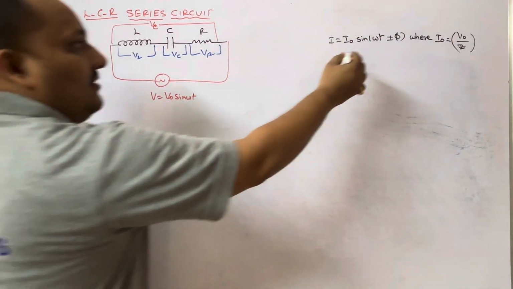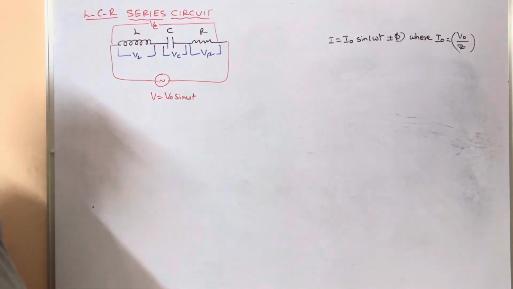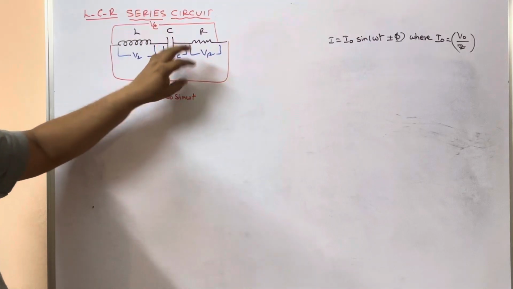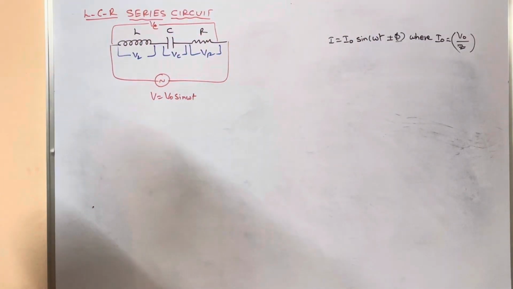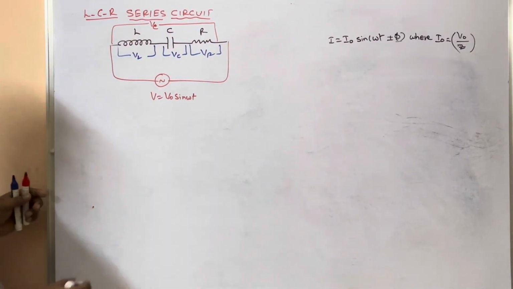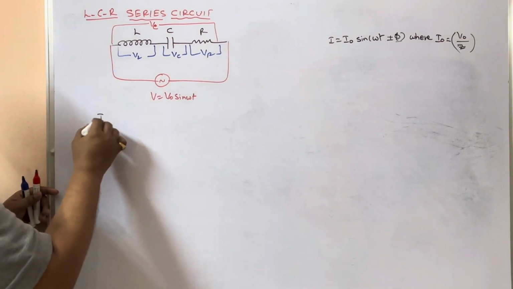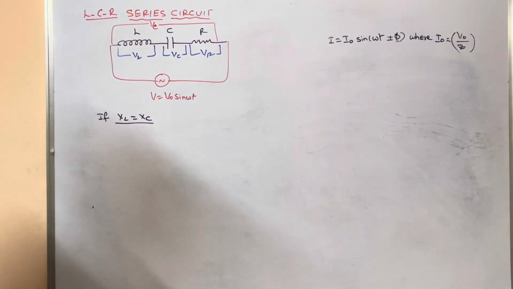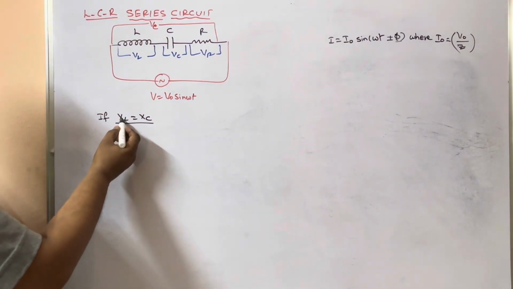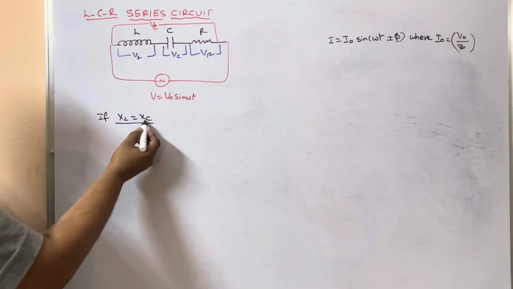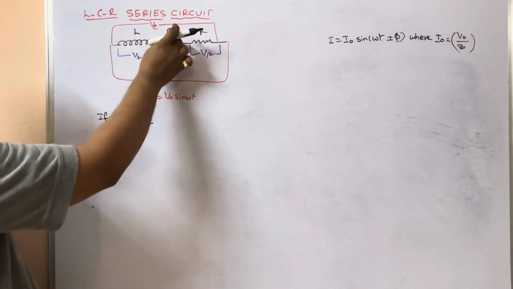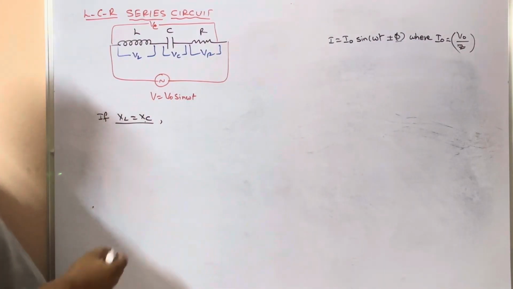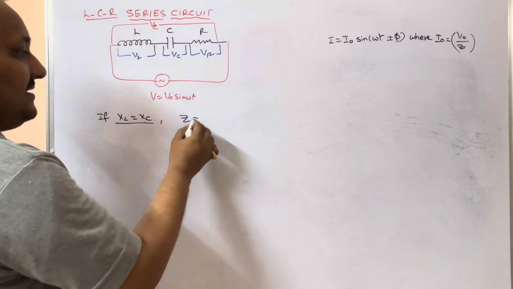Now see here, depending on this phi, we will see when the capacitor is dominating, when the inductor is dominating, and when this LCR circuit will act as a pure resistive circuit. So if XL is equal to XC, meaning inductive reactance is equal to capacitive reactance, then how is the impedance going to act?